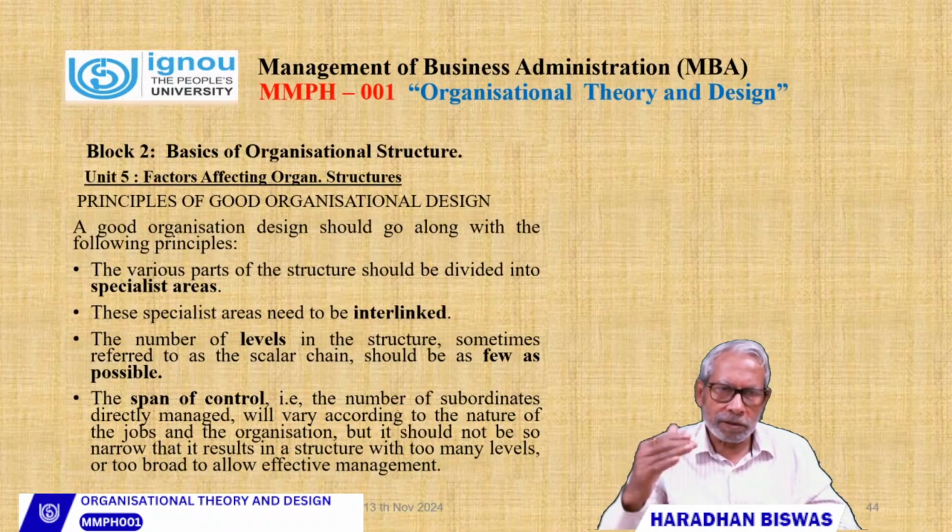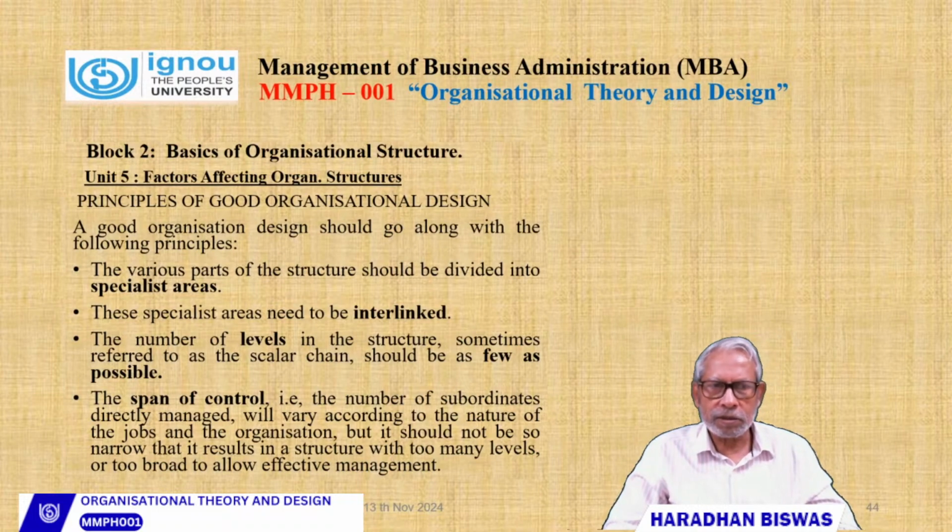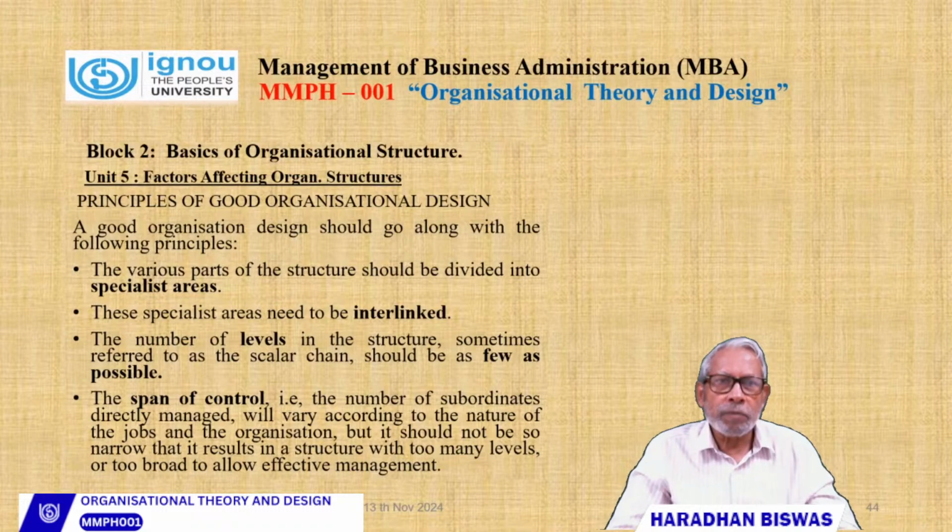The number of levels in the structure, sometimes referred to as the scalar chain, should be as few as possible, because a large number of levels may create problems. Now, the span of control again is very important. The number of subordinates directly managed varies according to the nature of the jobs and the organizations.